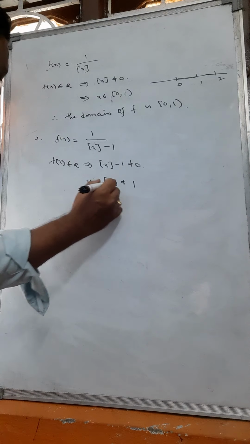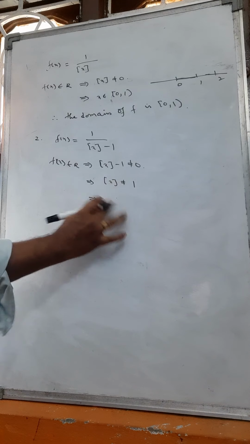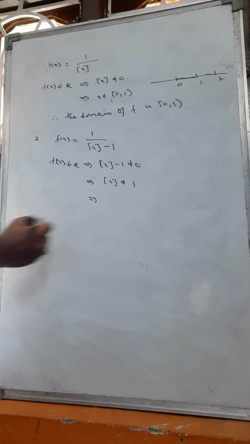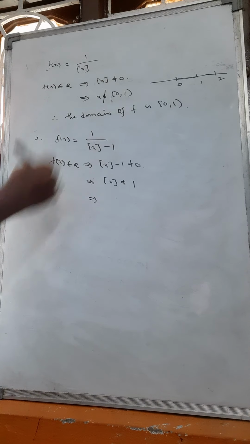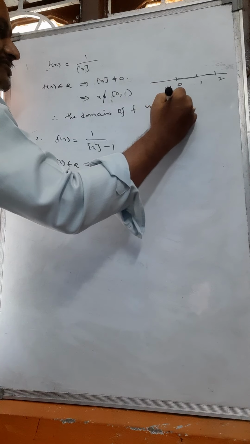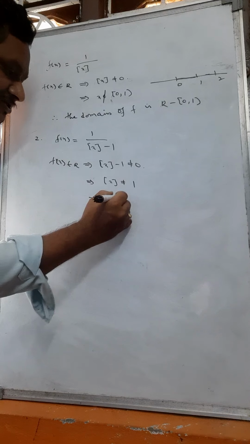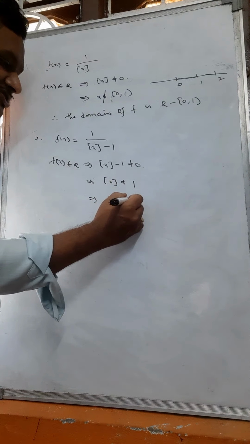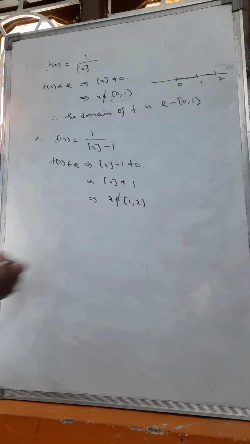Here [x] is not equal to 1 means x is not in [1, 2), left closed 1, right open 2.